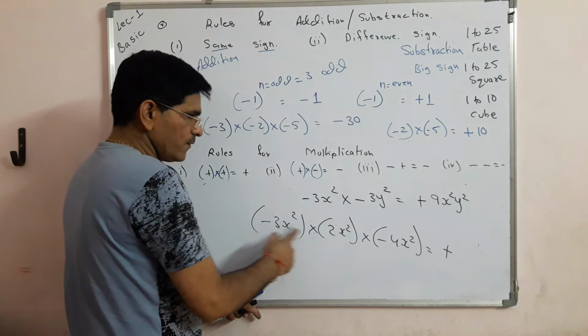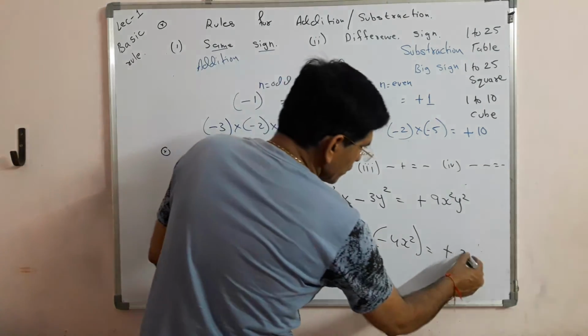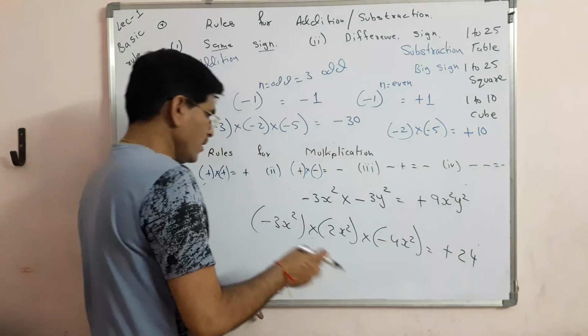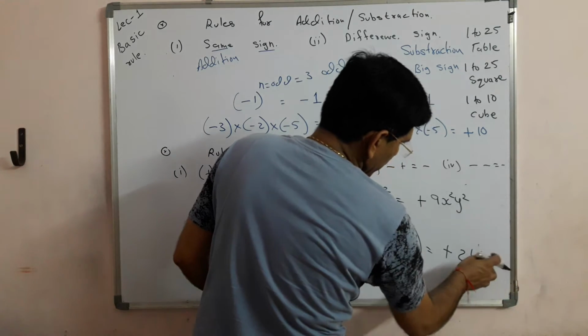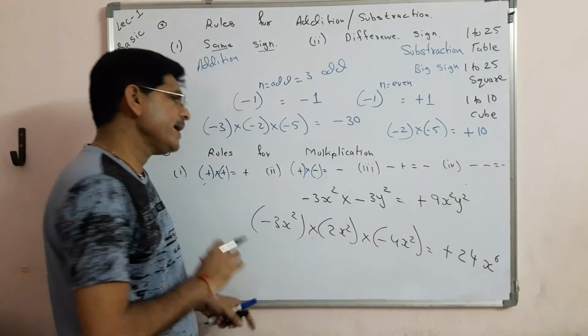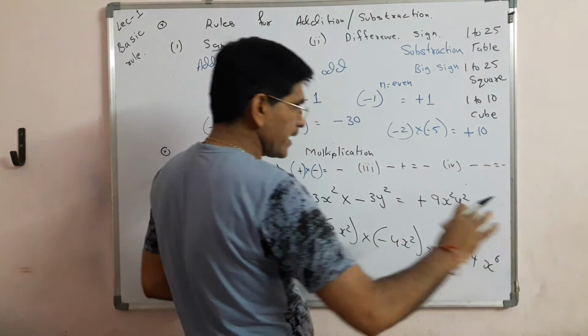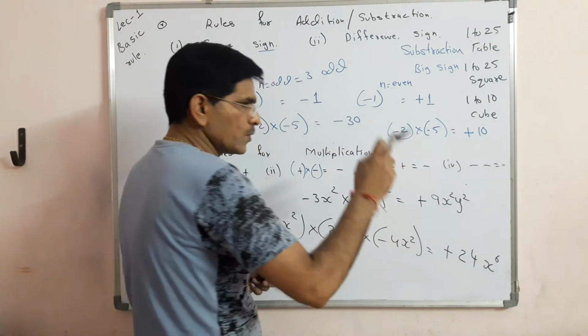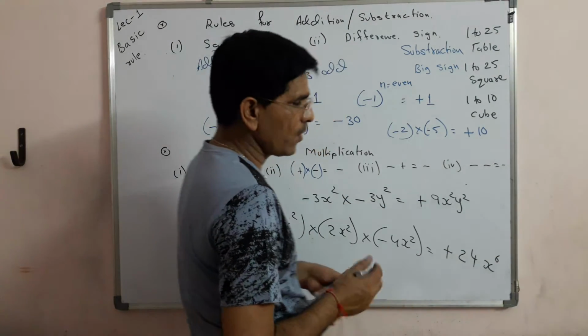Now 3 times 2 is 6, 6 times 4 is 24. And now x to the power 2, x to the power 2, x to the power 2, you will write x to the power 6. Why do I have to write x to the power 6? If you count how many x are there, 2, 2 and 2, total 6 x. So we have to write it in power addition form.